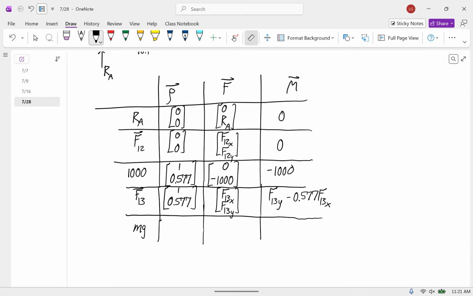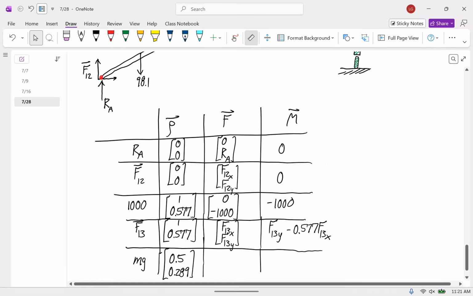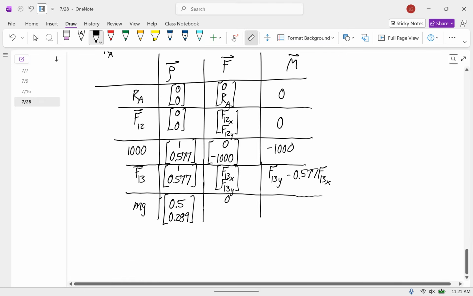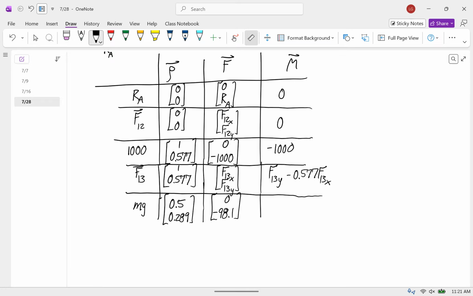That's at the midpoint between 0, 0 and 1, 0.577. So that is 0.5 and then 0.289. The force vector is 0, negative 98.1. So the cross product is negative 49.05.